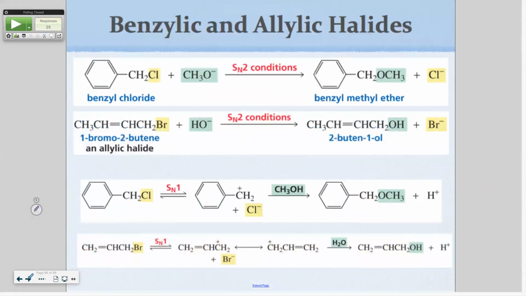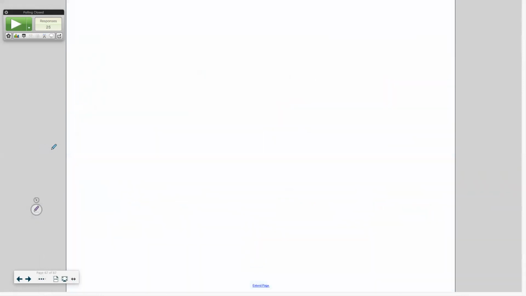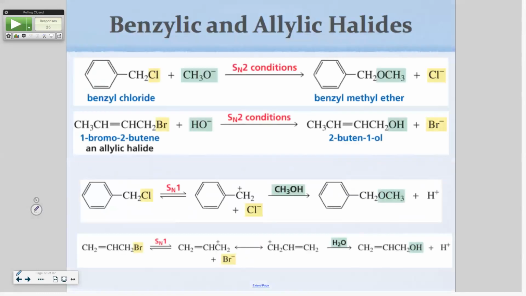Okay, now this isn't what I want it to be. All right, so I'm going to insert a blank page. This is a lot of writing? Everything, like all the products are not right. Well, it takes a minute to draw them right. Okay. All right, here, write them in.